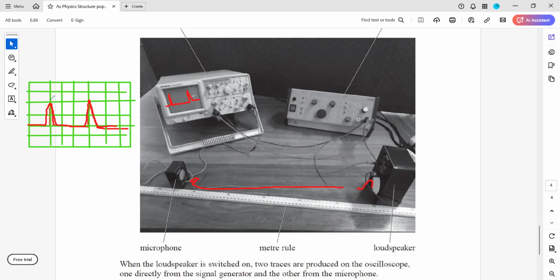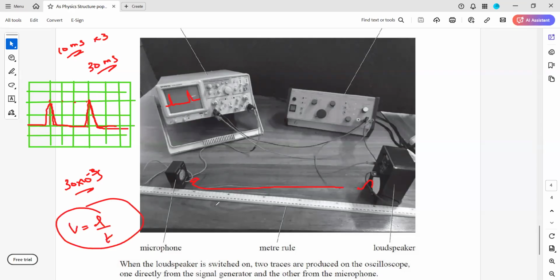How many boxes are there? One, two, and three boxes. Let's say one division stands for 10 milliseconds. If three boxes are there, we multiply by three. It means the time taken by the sound to travel from the loudspeaker to the microphone is 30 milliseconds, or 30 × 10^-3 seconds. So that's the time. And the distance we measure using a meter rule, and speed equals distance divided by time.